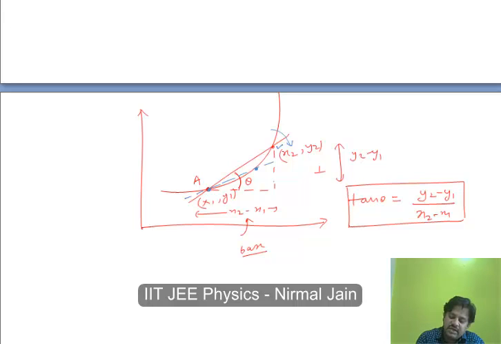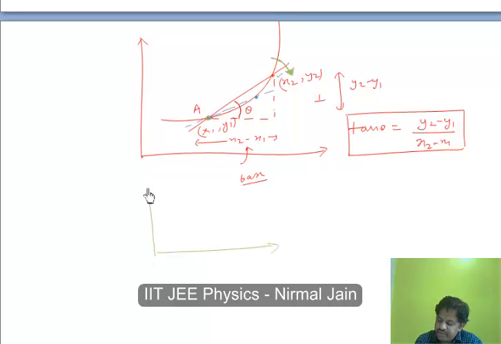Next, if I have to move it more, then where will it go? If I keep on moving this line to this side about this point, then finally I will find that this line has almost become a tangent.